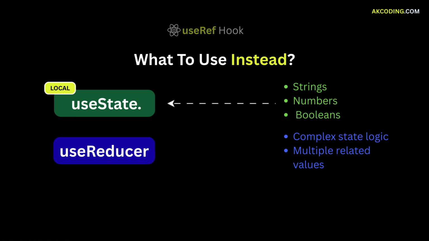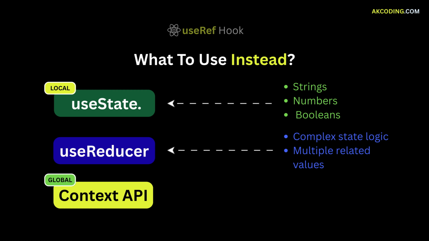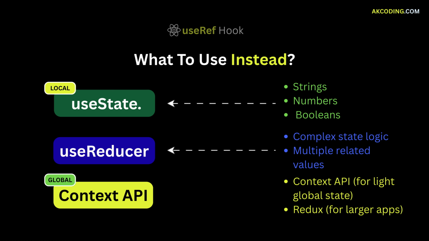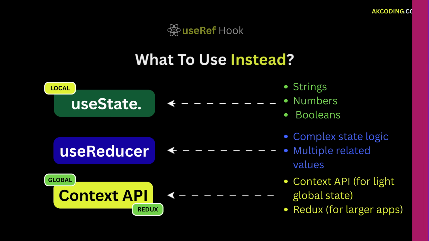Option number 3, global state management. If you want to manage your application state globally, you can prefer the Context API. The Context API is a lighter global state management API. And you can also use Redux, which is used for larger applications.